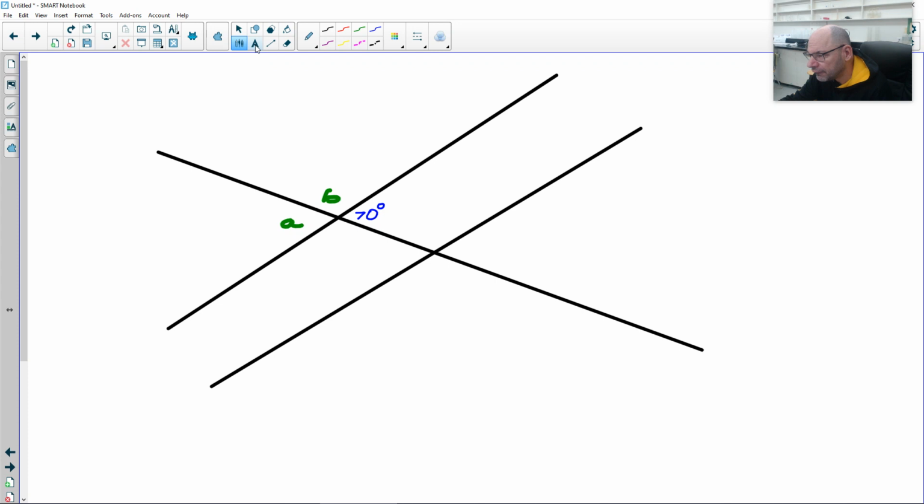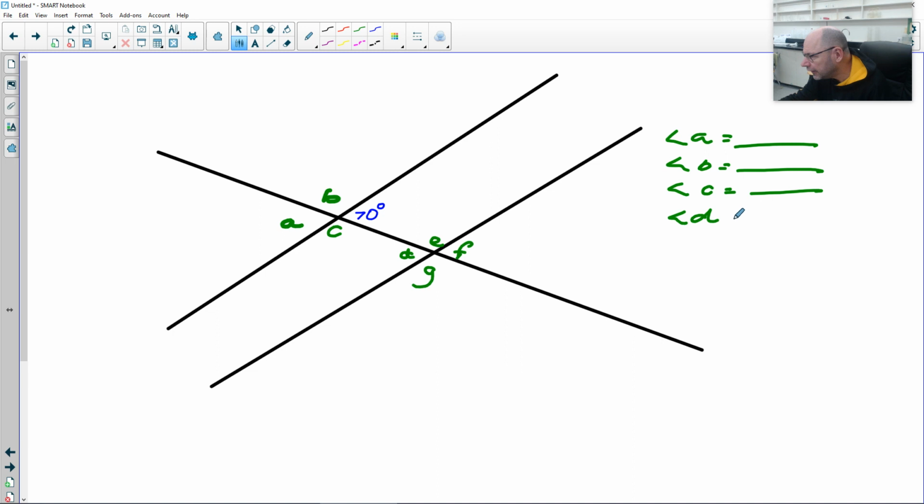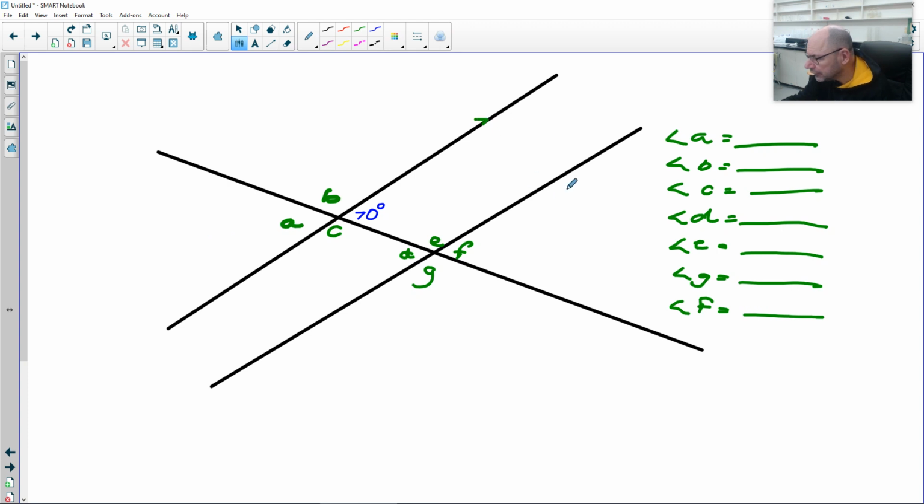And then this one here, we'll go, this one is C, D, E, F, and G. So we're going to go angle A, angle B, angle C, angle D, angle E, angle G, and angle F. Okay, so these are two parallel lines. So we'll say they're parallel.